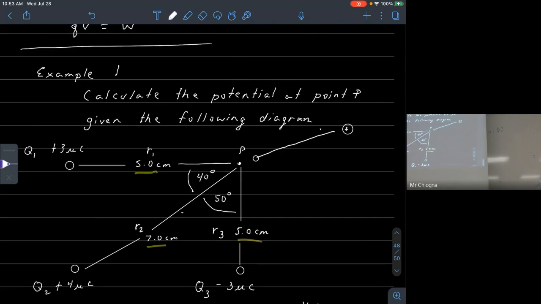Okay. If you were to bring this actual proton all the way from infinity, so a distance really far out there, all the way to point P, you would do positive work. That's what it means.